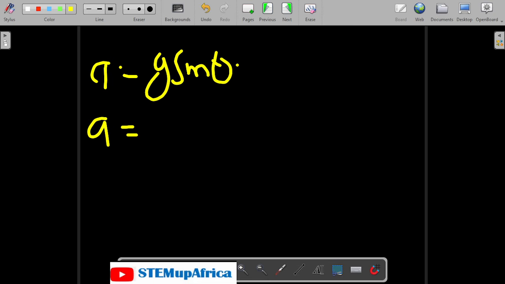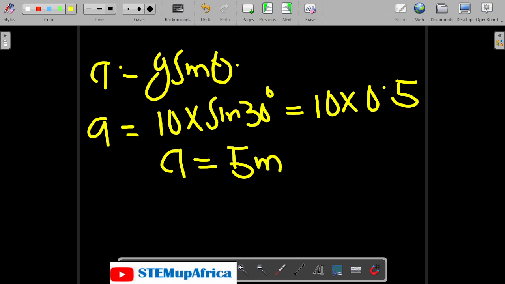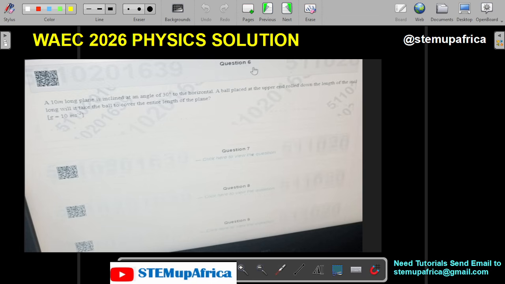My g is 10 times sine 30, and sine 30 is 0.5. So my a will give me 5 meters per second squared. This is the rate at which the ball rolls down, that's the acceleration. We are asked to find the time it takes to reach the ground, so I have to find the time.